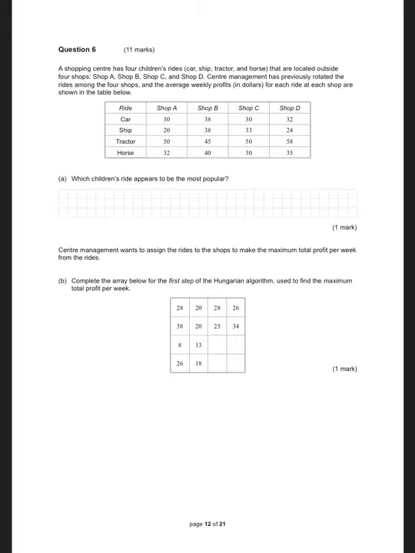Alright, first matrix question. Shopping centre has 4 children's rides, shops A, B, C, D. Rotates the rides. Weekly profits. Which children's ride appears to be the most popular? Well, we're just wanting the one that has the highest profits.